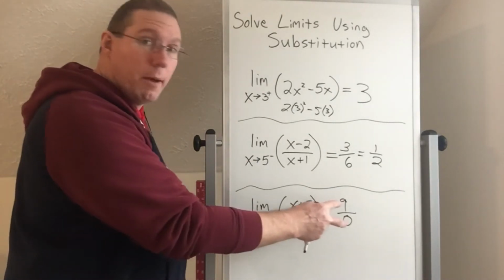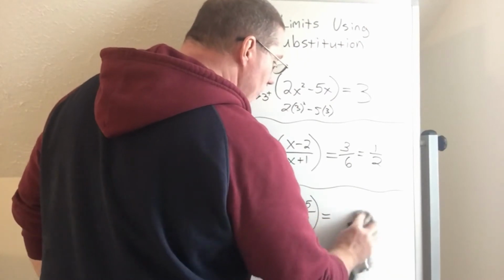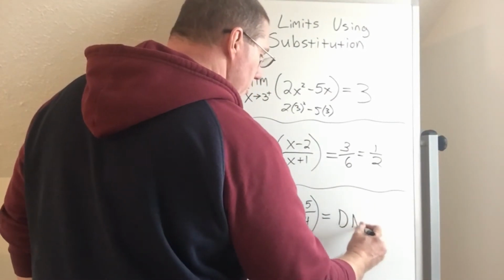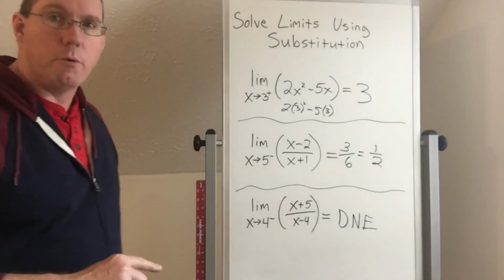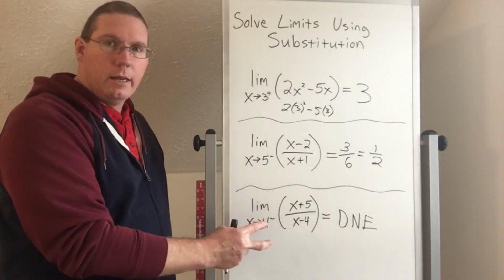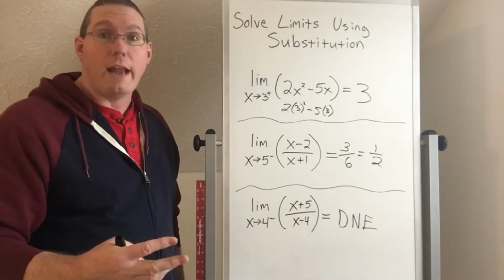Okay, this is not a real number. This is undefined. And therefore, we do not have a real answer to this. And what that basically means, here's a situation where we would say that the limit does not exist. Anytime you get a non-zero number over 0 as an answer for your limit, you're just going to put does not exist, because it's either infinity or negative infinity.